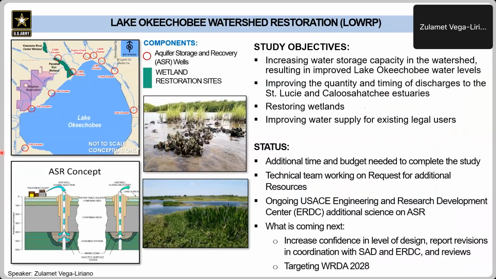All of these challenges led to the objectives currently identified in the LOWP study, which are to increase water storage capacity in the watershed, resulting in improved Lake Okeechobee water levels, improving the quantity and timing of discharges to the St. Lucie and Caloosahatchee estuaries, restoring wetlands, and improving water supply for existing legal users.